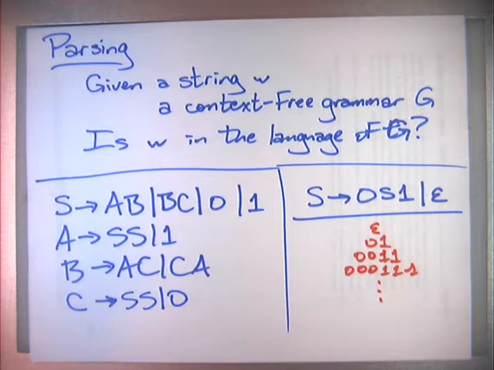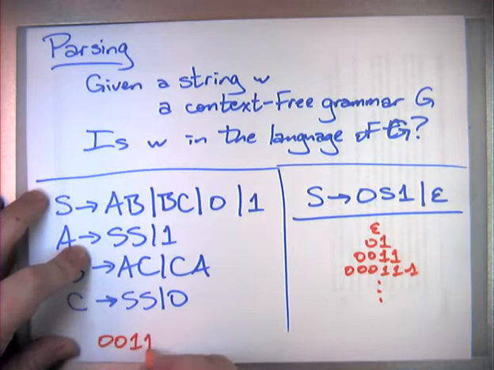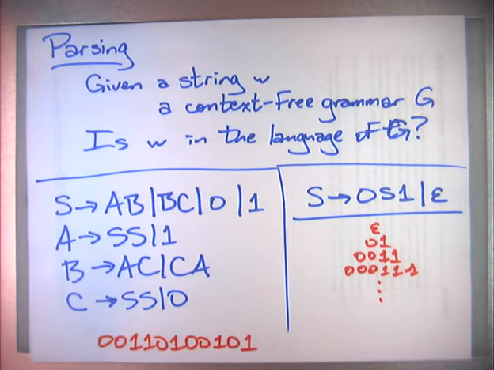Now, if I'm given a new string, and I want to know, is that new string in the language described by the non-terminal S in this grammar? Even if I ignore what the rest of the grammar looks like, there's a natural strategy to apply here.